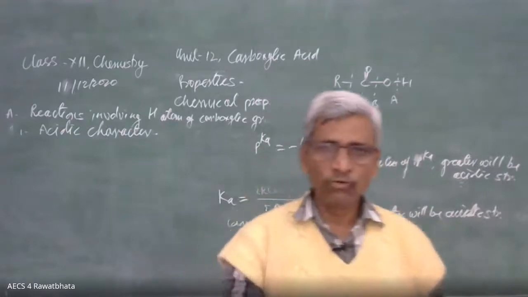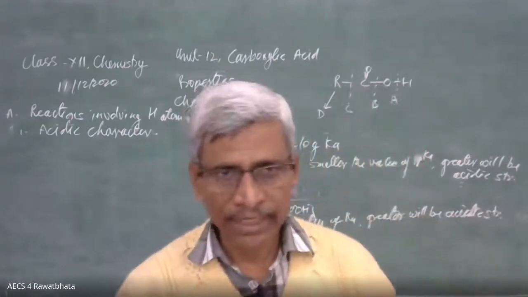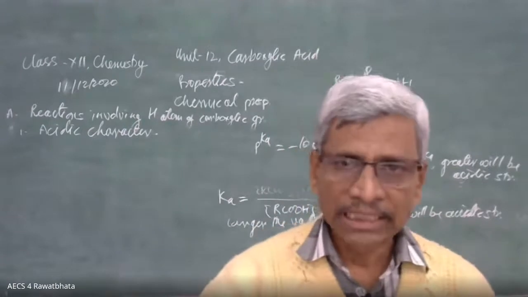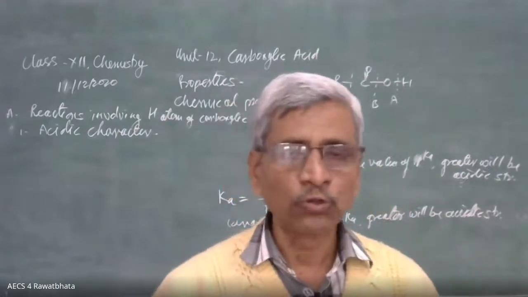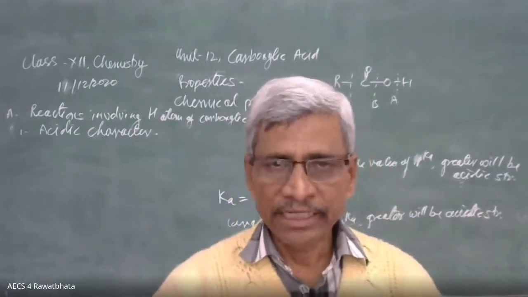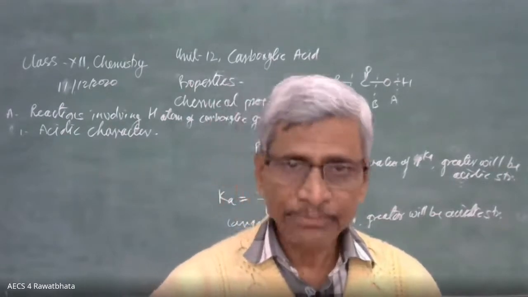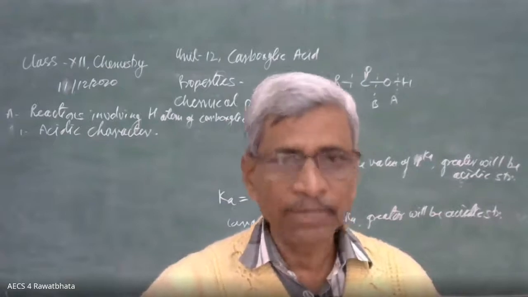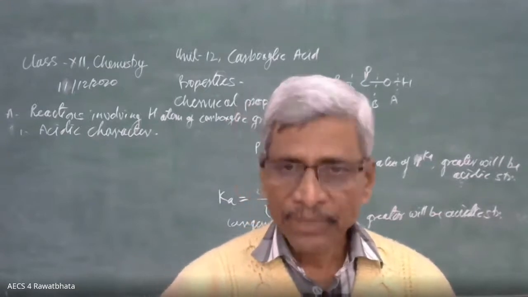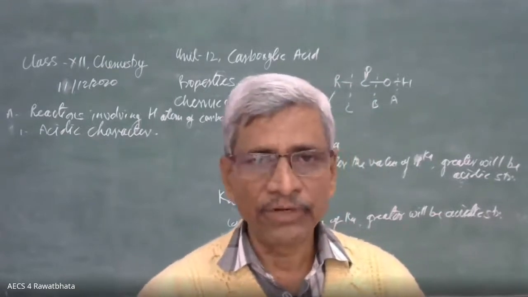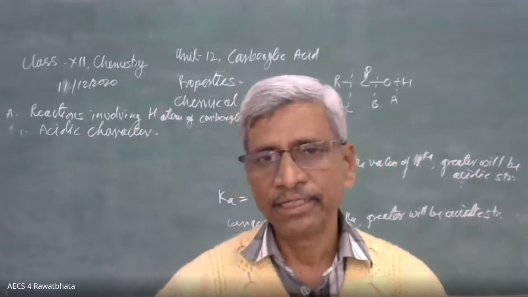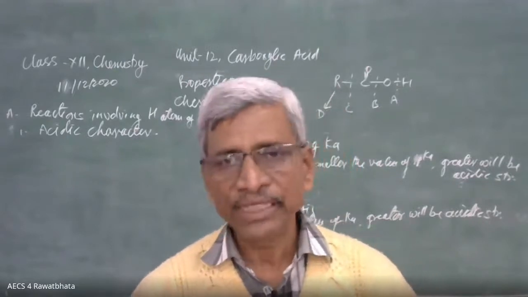On seeing the value of Ka, we can compare the acidic strength. On seeing the value of pKa, we can also compare the acidic strength. When Ka is large, acidic strength will be greater. When pKa is small, because it is negative log of Ka, the acidic strength will be greater. This is the concept behind Ka and pKa.